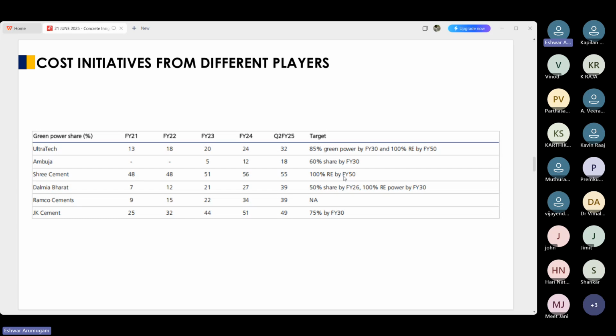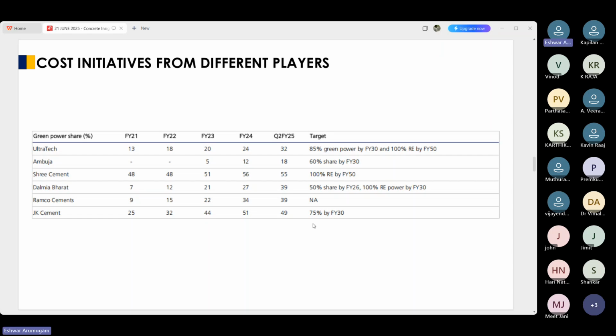They are targeting 100% share by FY50. Shree Cement used to have an advantage in costs due to the higher share of green power. But as the other players also ramp up green power capacity, the costs are expected to converge, and the advantage Shree Cement had is expected to erode.